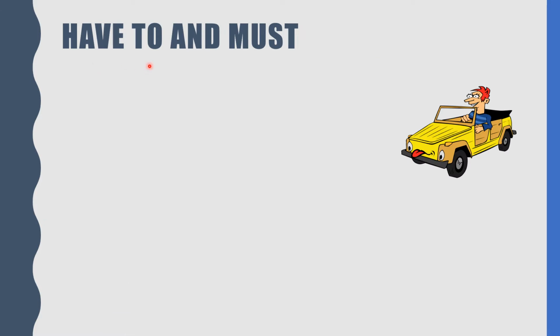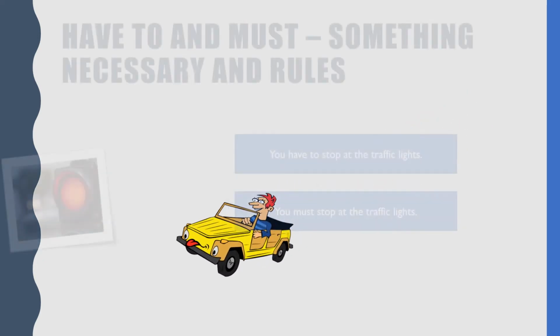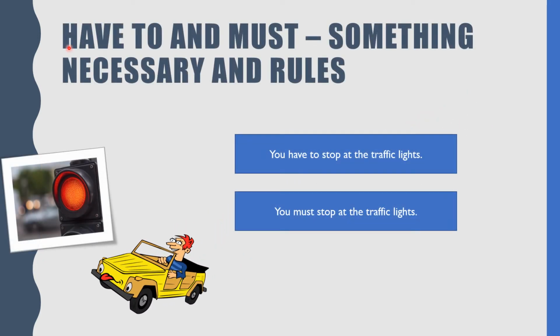Have to and must. Look at the driver. How is he driving? What do you think? Have to and must are used to talk about what is necessary and about rules. So look at the driver.